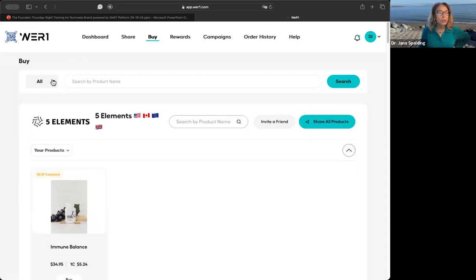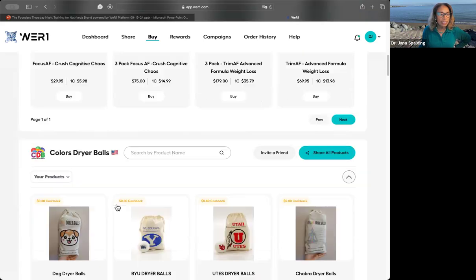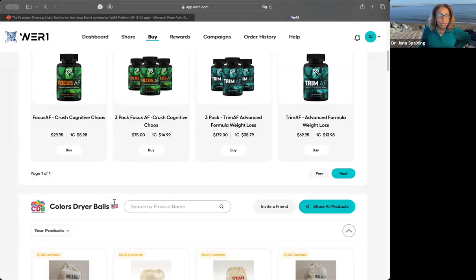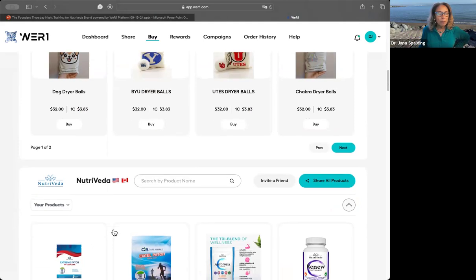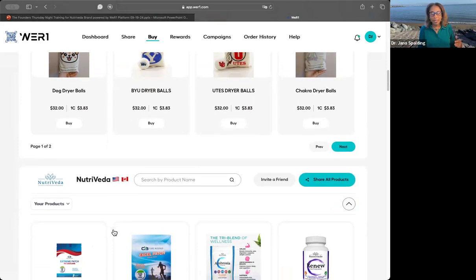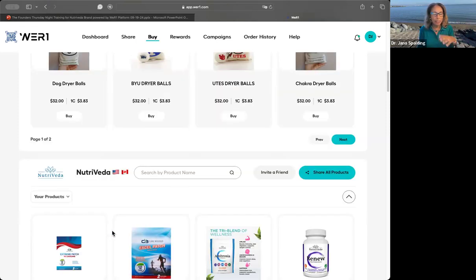And it gives you all the brands so that you can find their products, and you can search by product name, or you could just go down the list and see. As you know, we have all these different brands and all these different products. So other people looking for other brands can find us. And when we're looking for our own brand, we can perhaps decide we want to buy a dryer ball. It's an omni-channel, so it's not just our products. It opens up opportunities for them to find us and for us to find them.